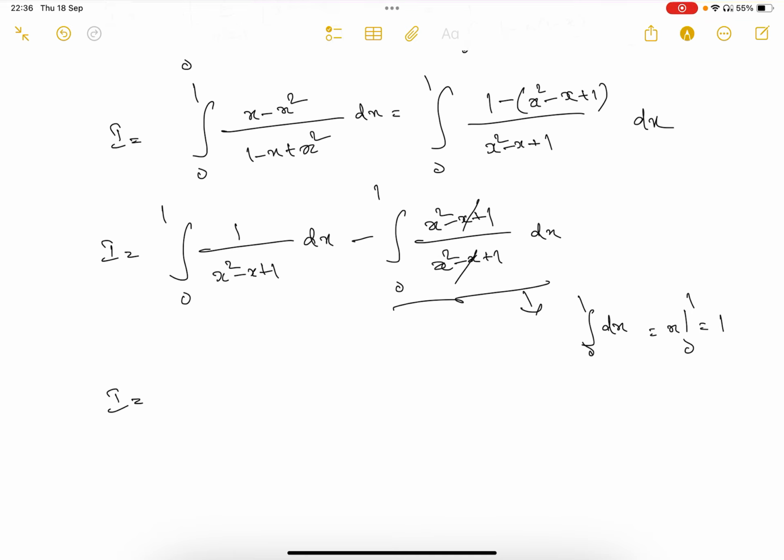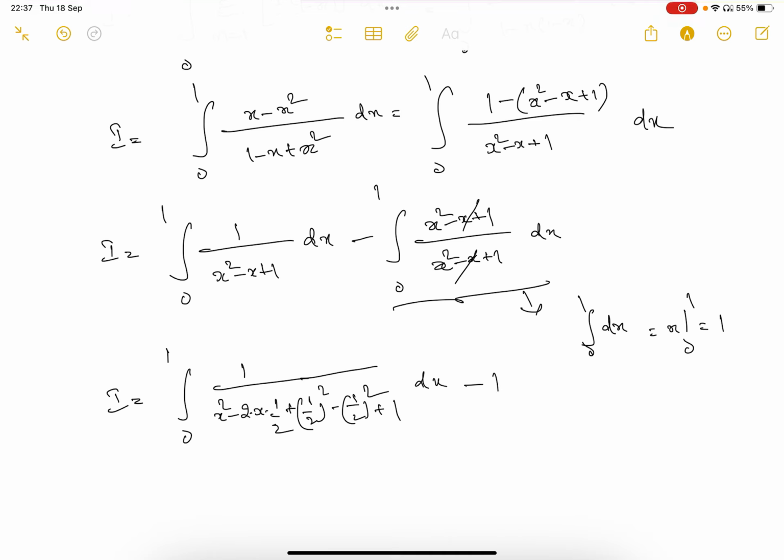In a way, I is integral 0 to 1, 1 by, let's try to write it in the form of a minus b whole square. So this will be x square minus 2 into x into 1 by 2, then this will give minus x, plus 1 by 2 whole square minus 1 by 2 whole square to compensate the extra 1 by 2 whole square, plus 1, dx.